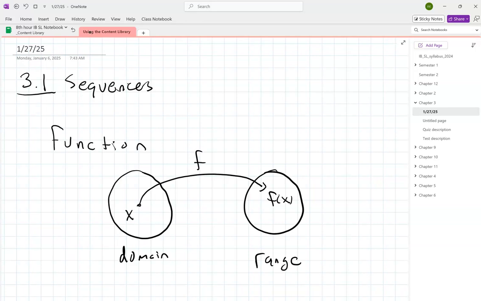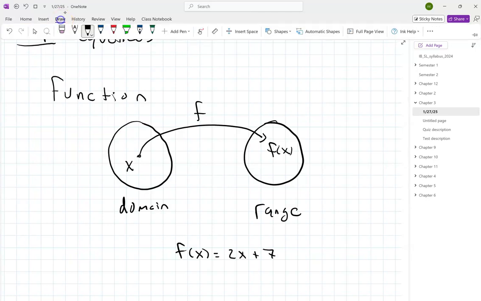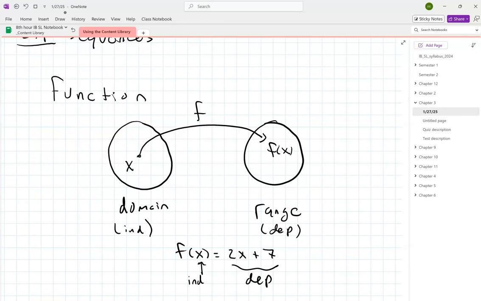With function notation, we say f of x equals 2x plus 7, where the x is our independent variable and the f of x is our dependent variable. This all rings a bell.